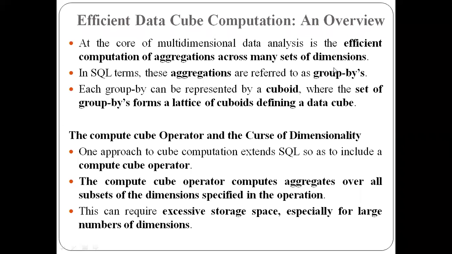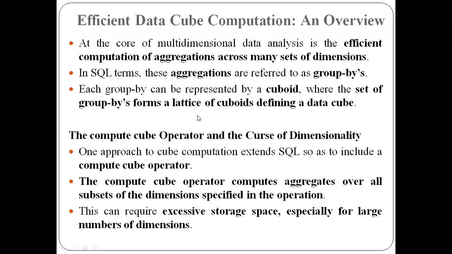It is just like the group by clause which you have in your DBMS, where you group the data with respect to some attributes. In the same way, here also we'll be performing the aggregation or group by with respect to some of the dimensions. That group by is called a cuboid. Each of these group bys represents a cuboid.